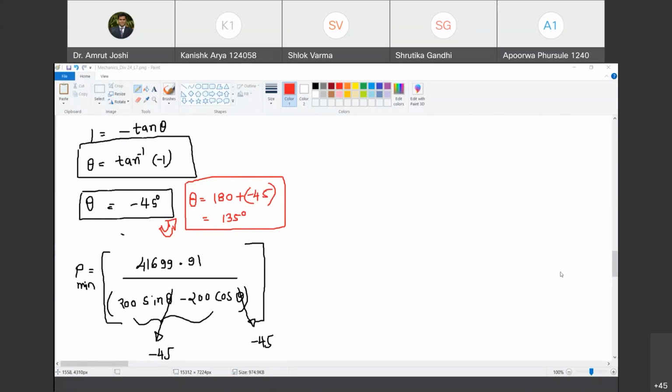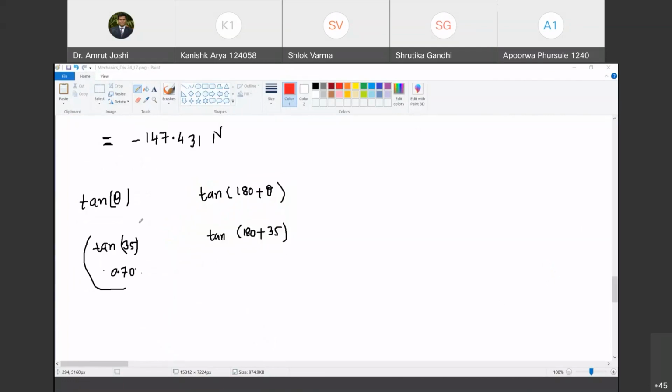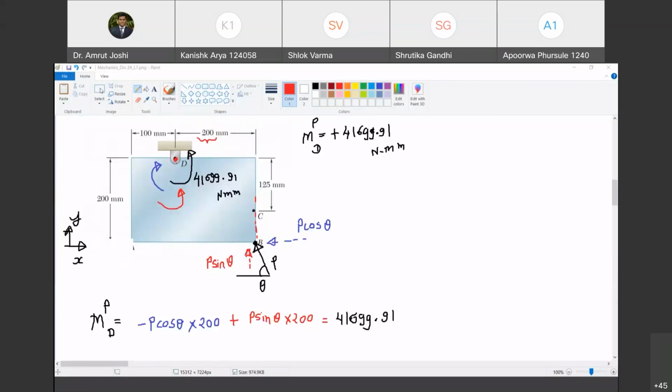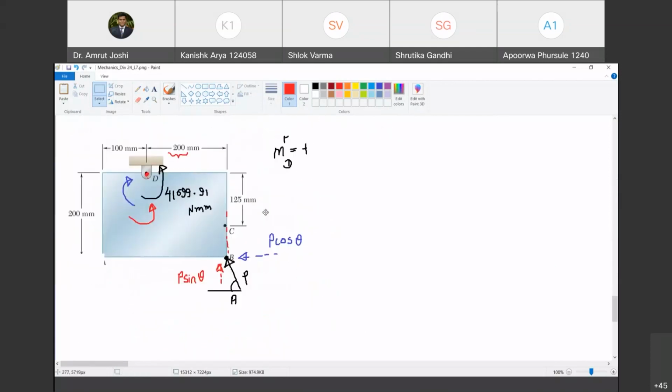Okay. So now let us look at interpretation of these negative signs and let us draw P correctly. So how does P look like? Let me draw this sketch. So the angle theta is now 135 degree. Are you with me? Yes, sir. So 135 degree with reference to this line.